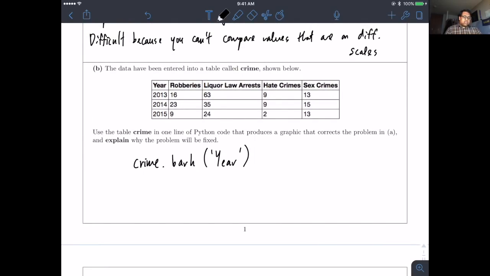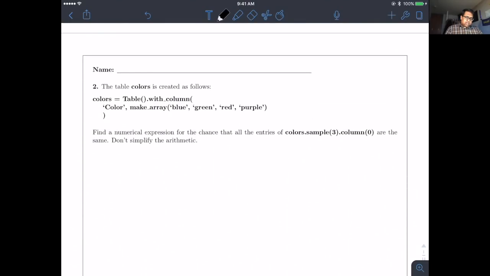This will create a bar graph that has a consistent vertical scale, which will make it easy for us to compare numbers in different categories, where the height of a bar corresponds to the number of values represented by that bar, which is what we're used to in a bar graph. So that's part 1B.